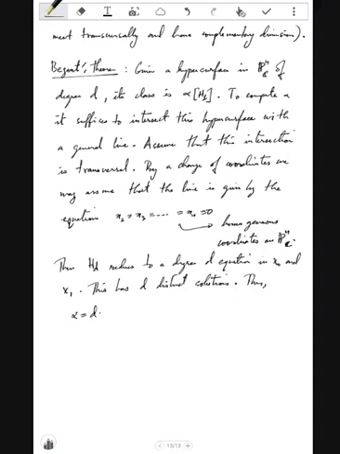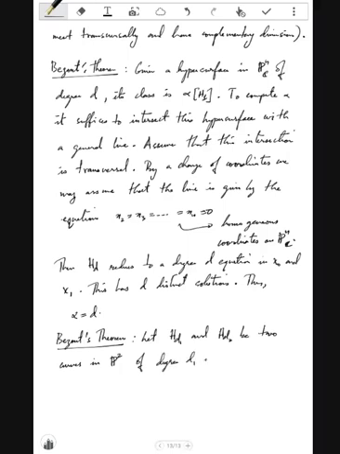And Bezout's theorem: let H_d1 and H_d2 be two curves in P2, that is, two hypersurfaces in P2 of degree d1 and degree d2.